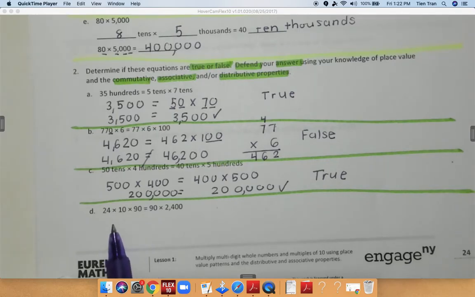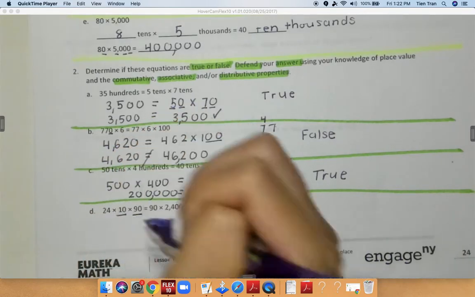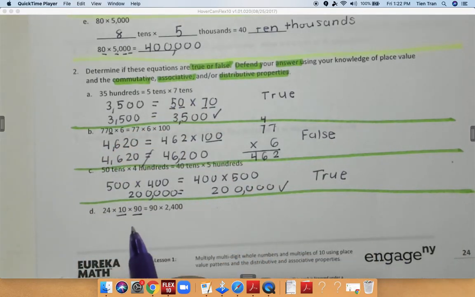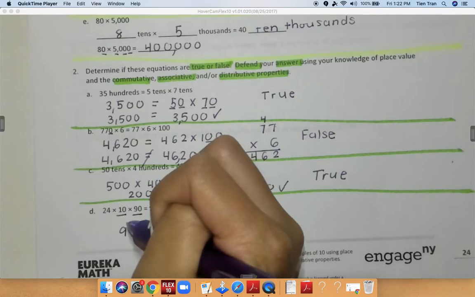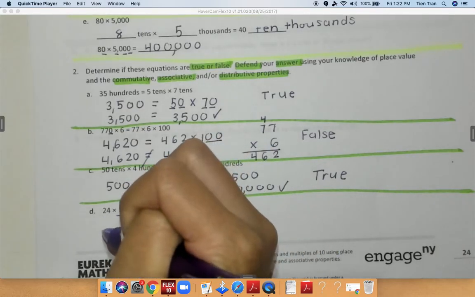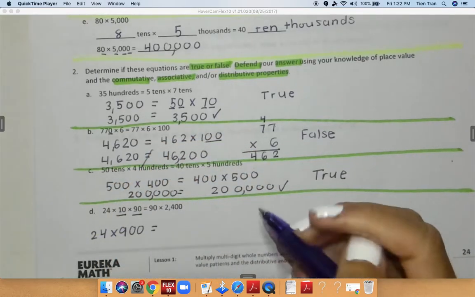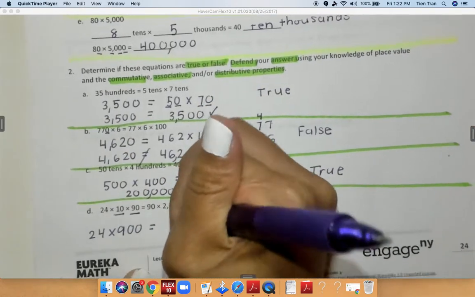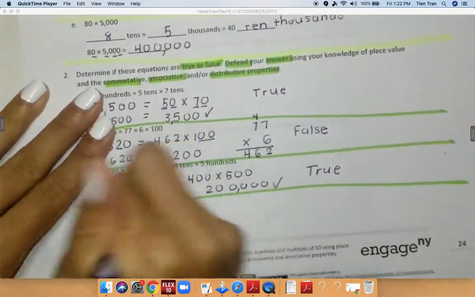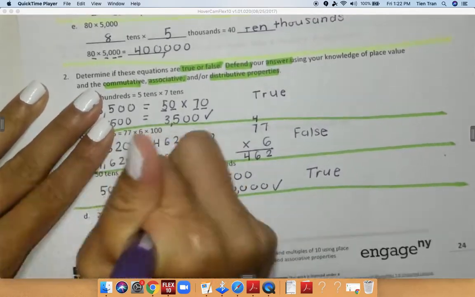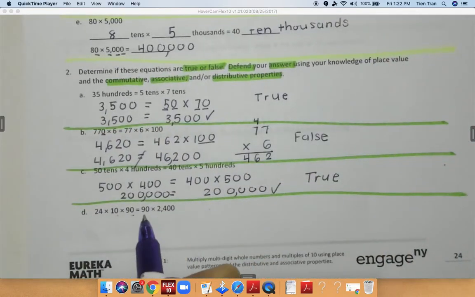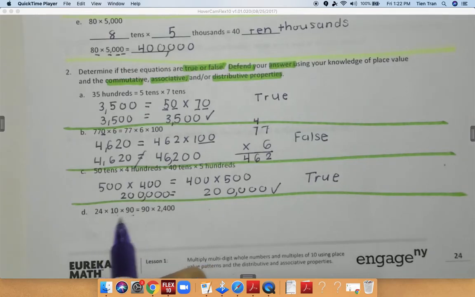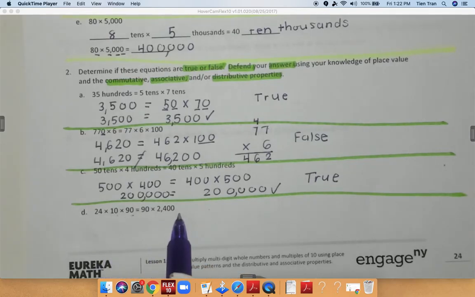Now for problem D, we have 24 times 10 times 90. So an easy way to solve for this is if I were to multiply 10 times 90 together first. 9 times 1 is equal to 9. Add my 2 zeros, and then I have 24 times. Actually, looking at this, there's an easier way to solve it. I want to make sure I show you guys. So this one is 90. So we want to make sure that we multiply the numbers together to make 240.